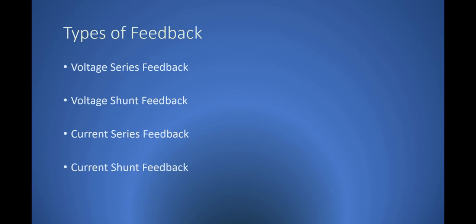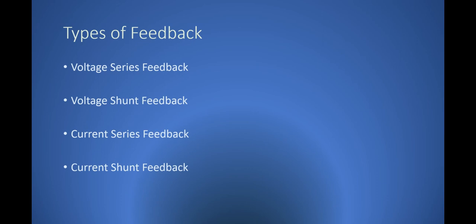Whereas the second half of the type of feedback represents the type of connection that feedback path has with input. So if you have series feedback, it means that the feedback path is in series with the input. If we have shunt feedback, then it means that we have parallel connection of the feedback path to the input path.